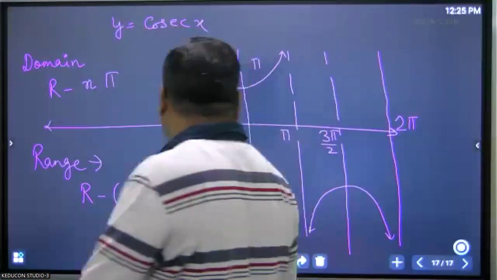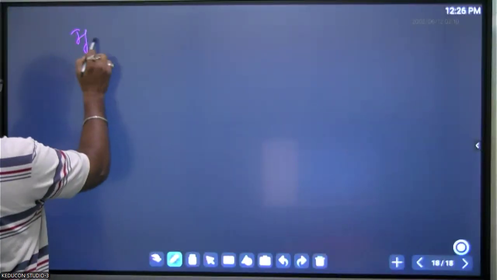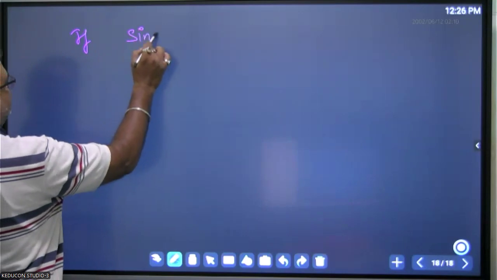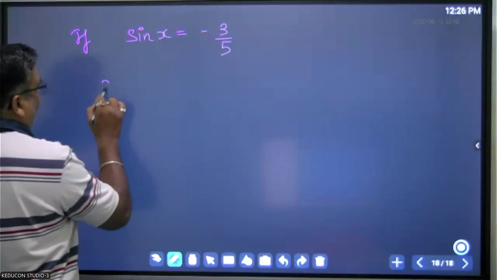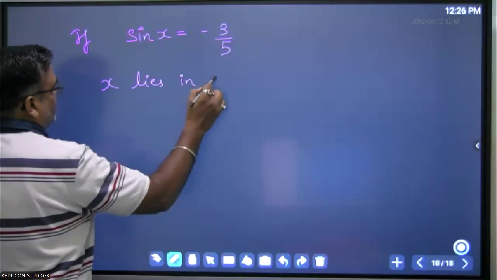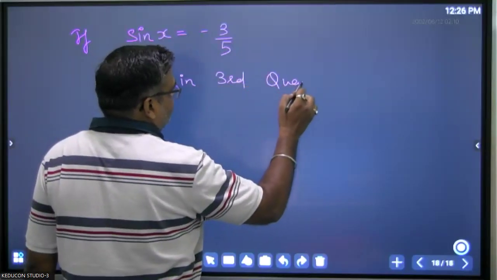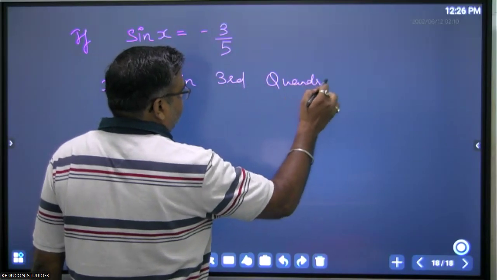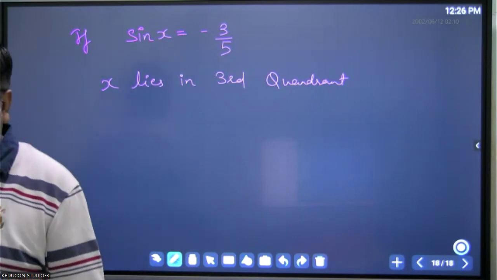Let us do some questions. If sin x equals minus 3/5 and x lies in the third quadrant, find the value of all other trigonometric ratios.